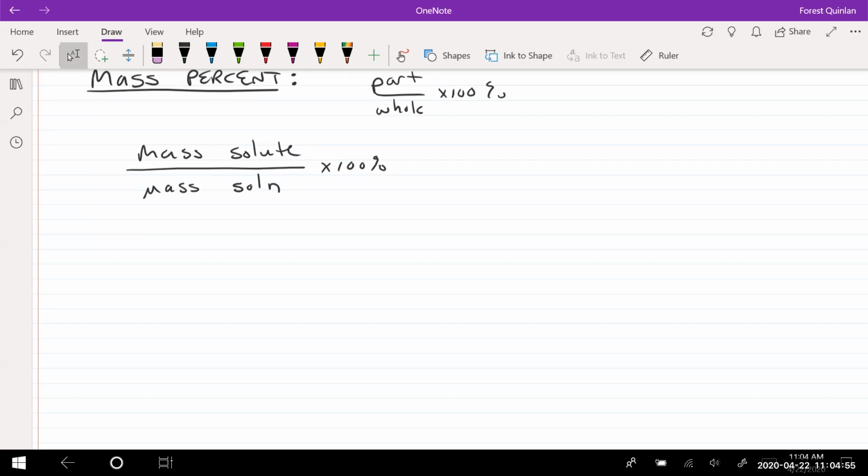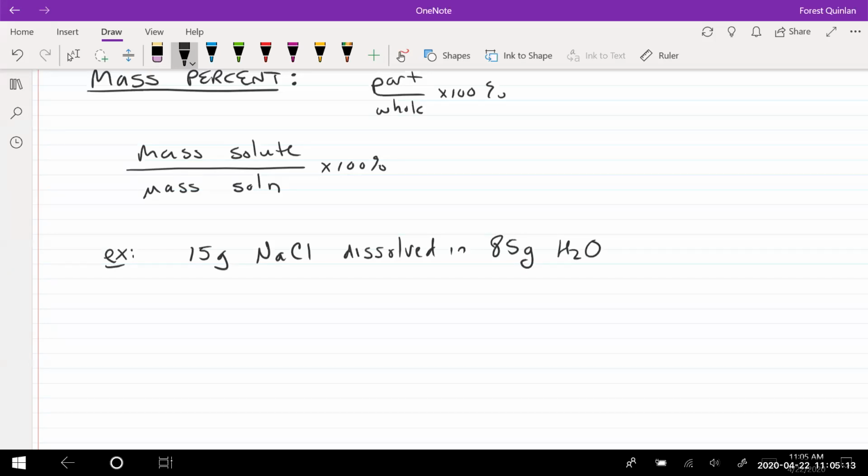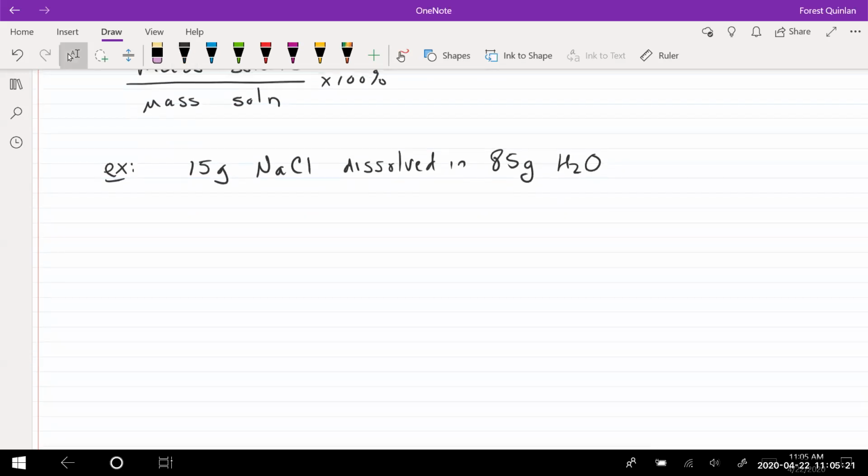And so a couple of examples here, just because it's easy to do it by example, is let's say I have 15 grams of NaCl dissolved in 85 grams or 85 mils of water. So simple calculation is simple.